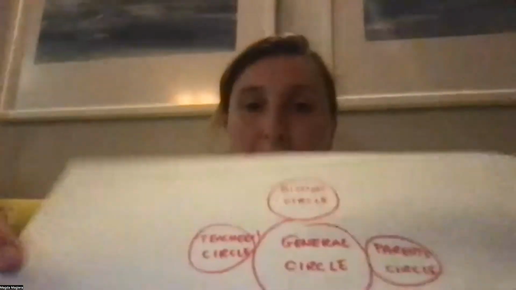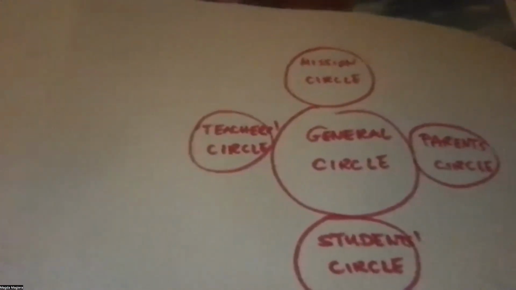Okay. So as I said, we don't have a school yet, but we have a mission circle already. And this is a very basic structure, which I think would be great to have in the first year. So there's a mission circle, a general circle.